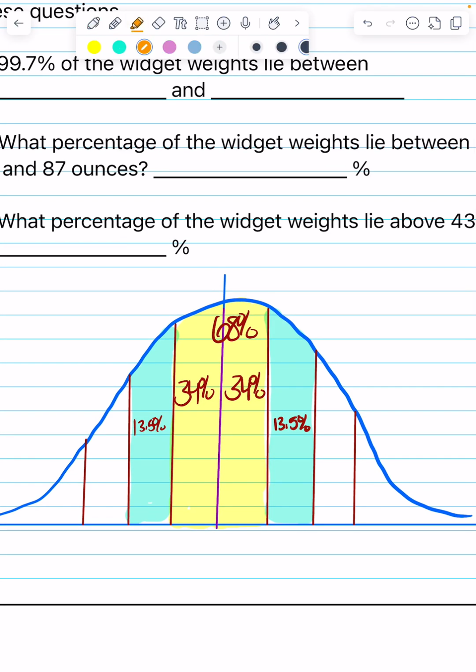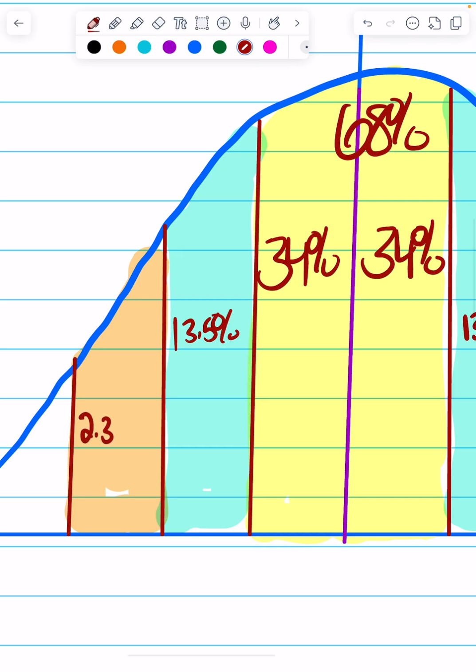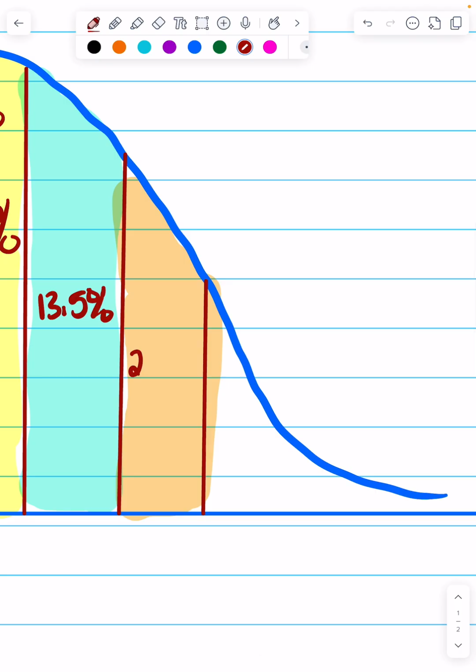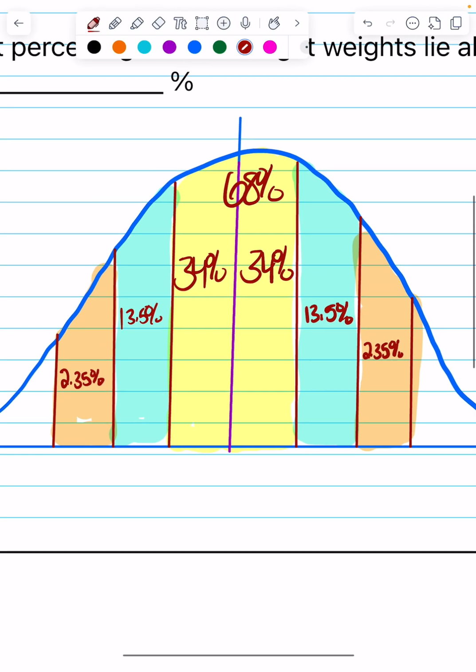And then I'll shade the next sections orange. And I'm shading them the same color because they're going to be the same percentage. This one is 2.35%. And then lastly, there's a little tiny bit at the end.